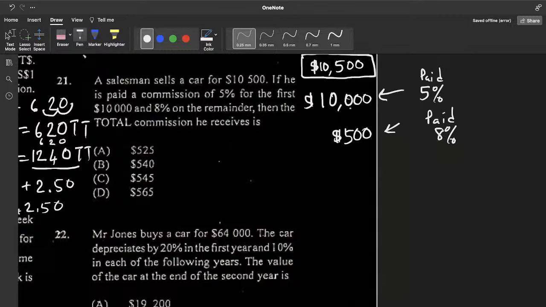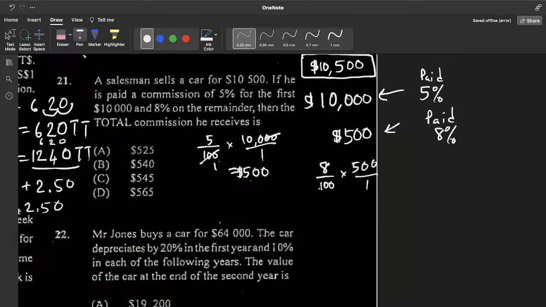So if you find 5% of 10,000, that would be the first thing to do. So 5 over 100 times 10,000. 100 into itself goes once. 100 into this, we cross off these two zeros. We end up with 5 times 100, which is $500. So that's the first one. Now the second one is 8% of 500. So 8 over 100 times 500.